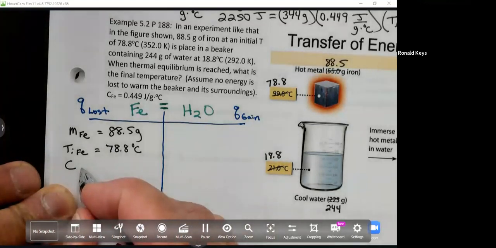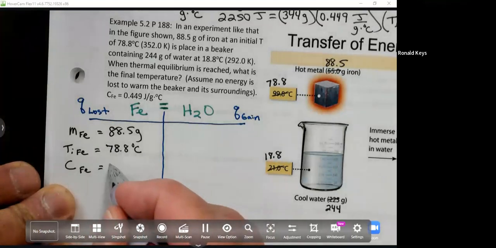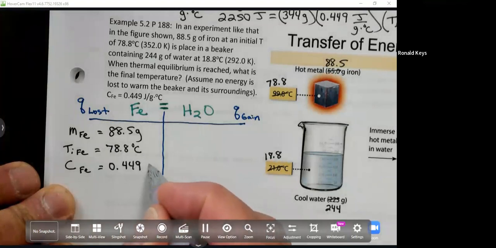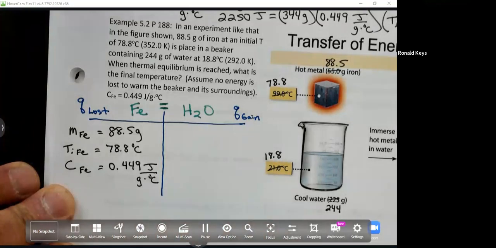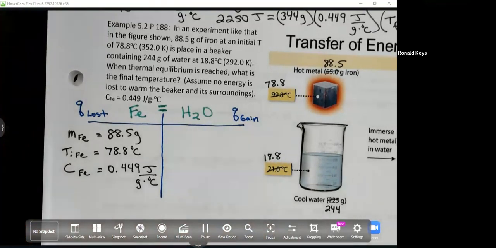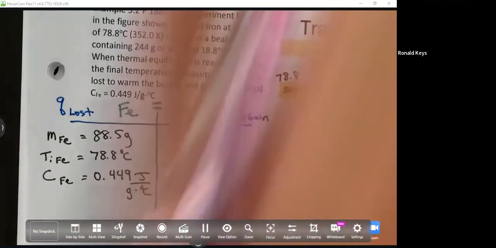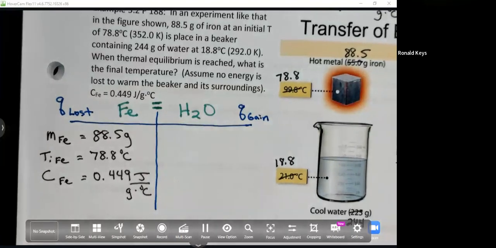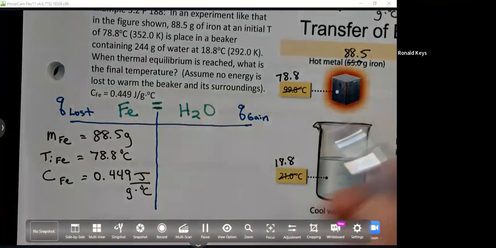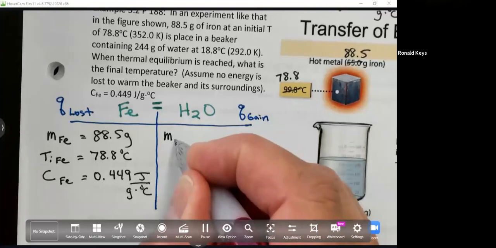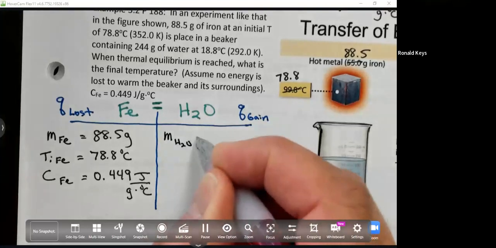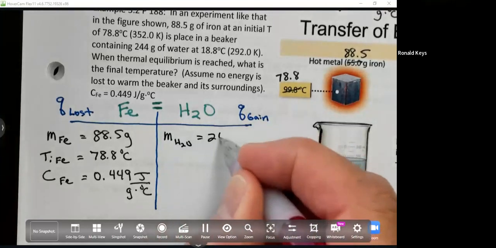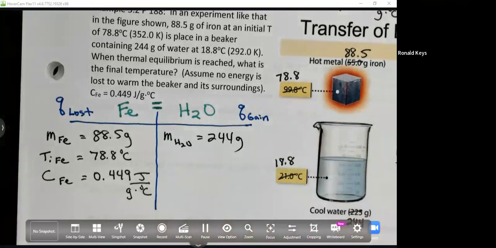My specific heat of iron is 0.449. My mass of water is 244 grams.